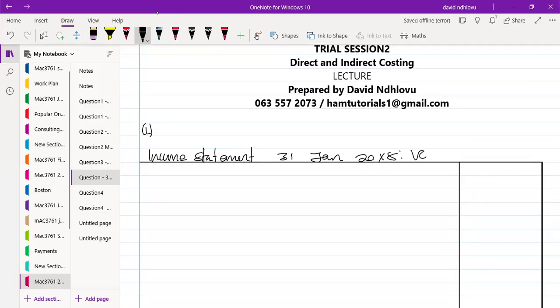We're using variable costing. Right, as usual, good people, an income statement, you always start with your sales. Then you say less. If it's variable costing, you should say variable cost of sales.